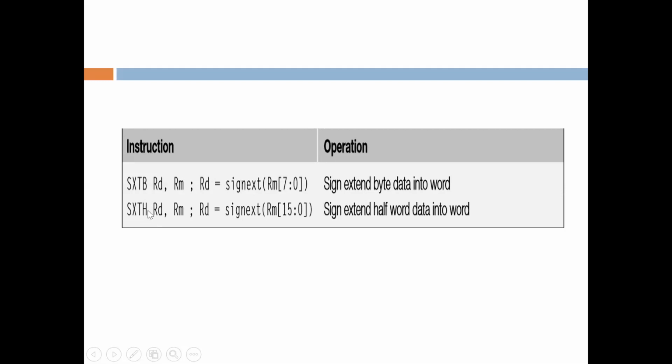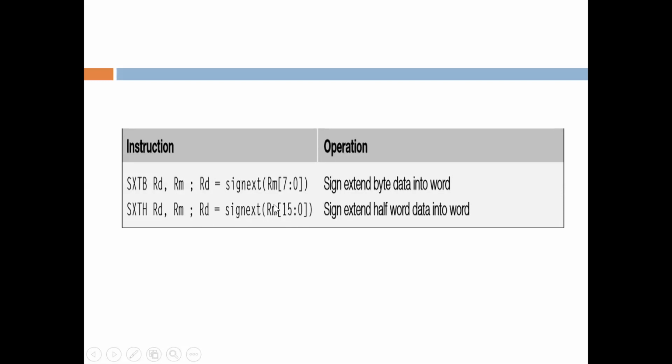So next instruction is SXTH. H represents half word. Half word means the least significant half word, that is 0 to 15 of the source register Rm. So SXTH Rd, Rm. Here we consider a half word from 0 to 15 of register Rm. So whatever the value you have at the bit position 15 will be extended in the remaining bits of register Rm.